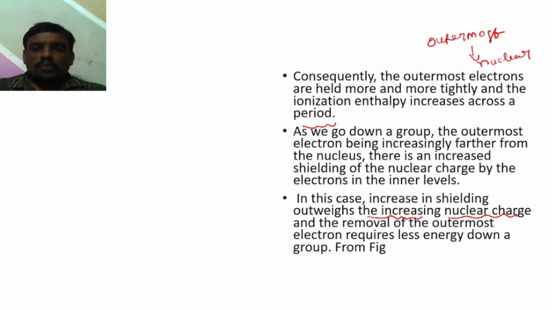So removal of the outermost electron requires less energy, but removal of an innermost electron requires more energy. Why? Because pulling someone from inner to outer side requires more energy, while pulling from outer to inner side requires less energy, as in our day-to-day life.